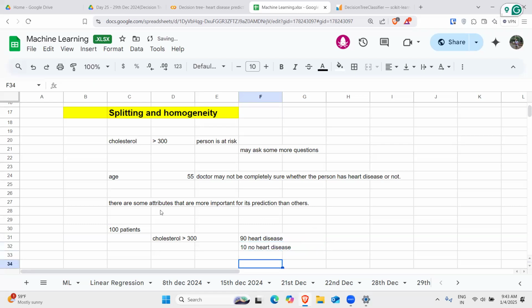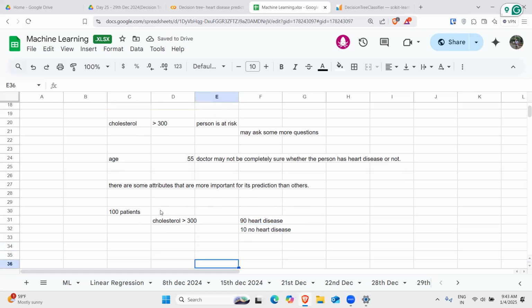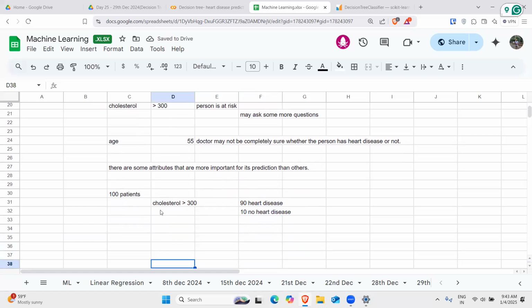On the other hand, out of 100 patients that the doctor has consulted over the age of 54, let's take the age criterion now, same count, that is 100 patients, but this time age is greater than 54.